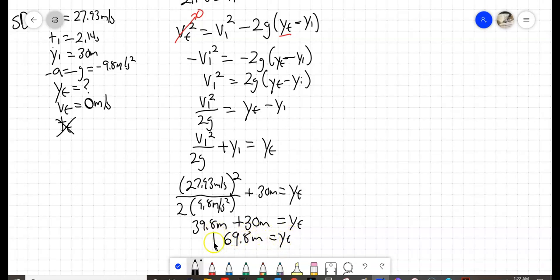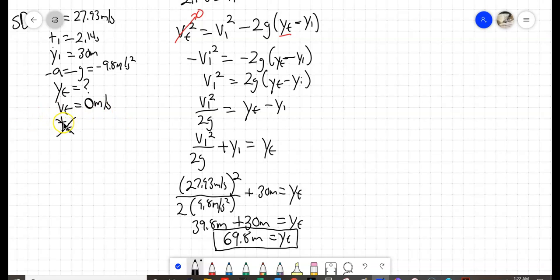So now we know that this rocket, which sped up from 0 to 27.93 meters per second in 30 meters and over a period of time of 2.14 seconds, then slowed down to 0 from 27.93 to its maximum height of 69.8 meters for the rest of that flight.